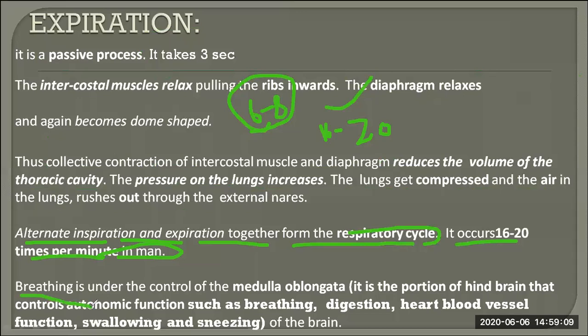Next, breathing is under the control of the medulla. We had already said this means normal breathing, not every breathing. The medulla oblongata is the portion of the hindbrain that controls autonomic functions such as breathing, digestion, heart and blood vessel function, swallowing and sneezing.